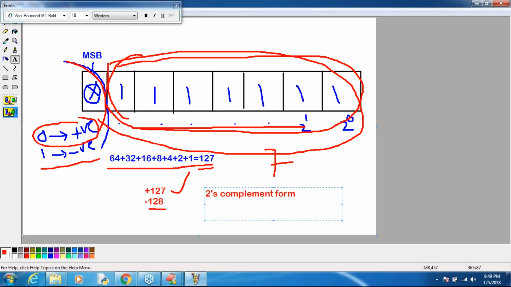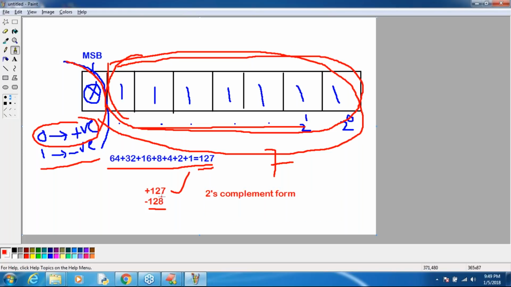By using 2's complement form, with only 7 bits, you can represent 128, no problem at all, sir. Positive numbers will be represented directly in the memory, but negative numbers will be represented in 2's complement form.